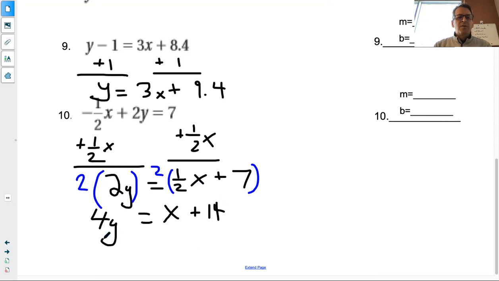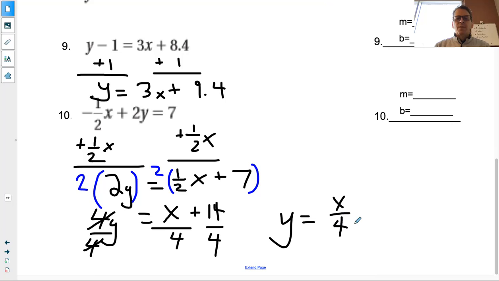Final step, divide by 4. And your equation now in slope-intercept form would be, the 4's cancel, y is equal to x over 4 plus 14/4, which is equivalent to 7/2.